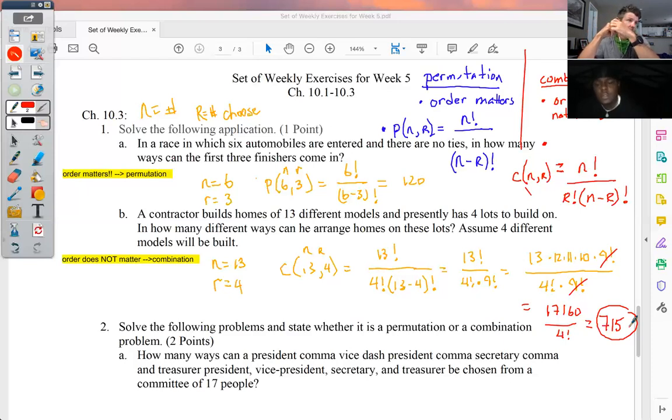Yes. So if order matters, and we go back up to our little notes, it says permutation. So 2A is a permutation because the president is more important than the vice president, is more important than the secretary, is more important than the treasurer, right? So that order matters. That's a permutation.